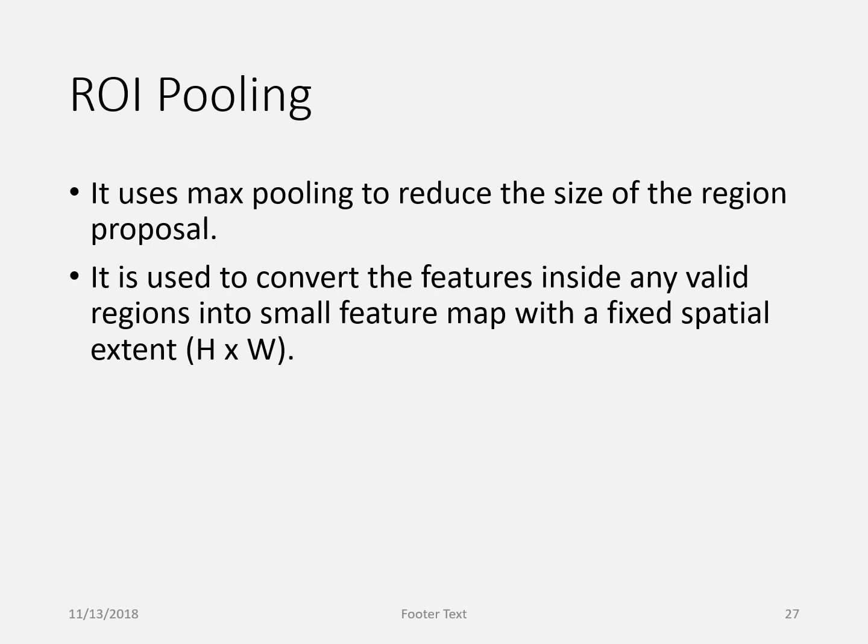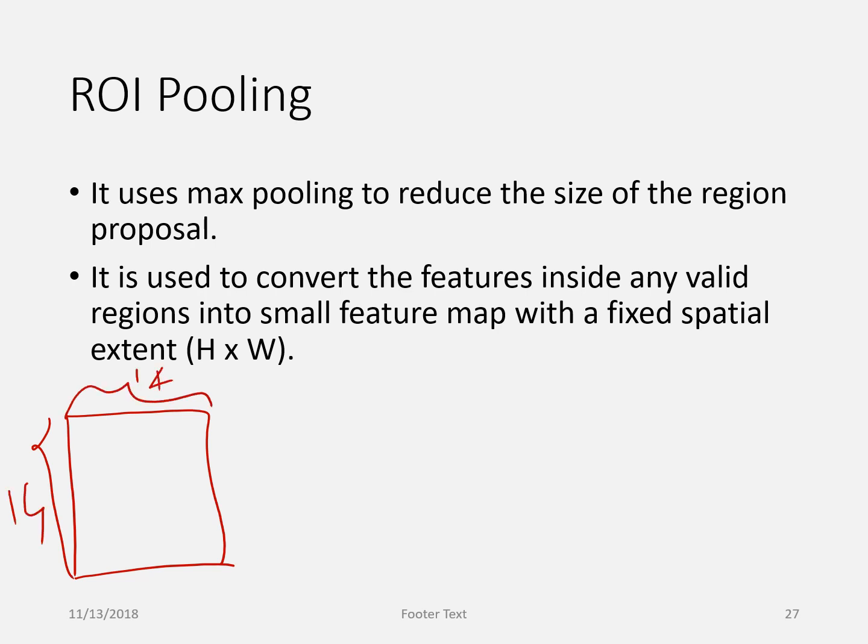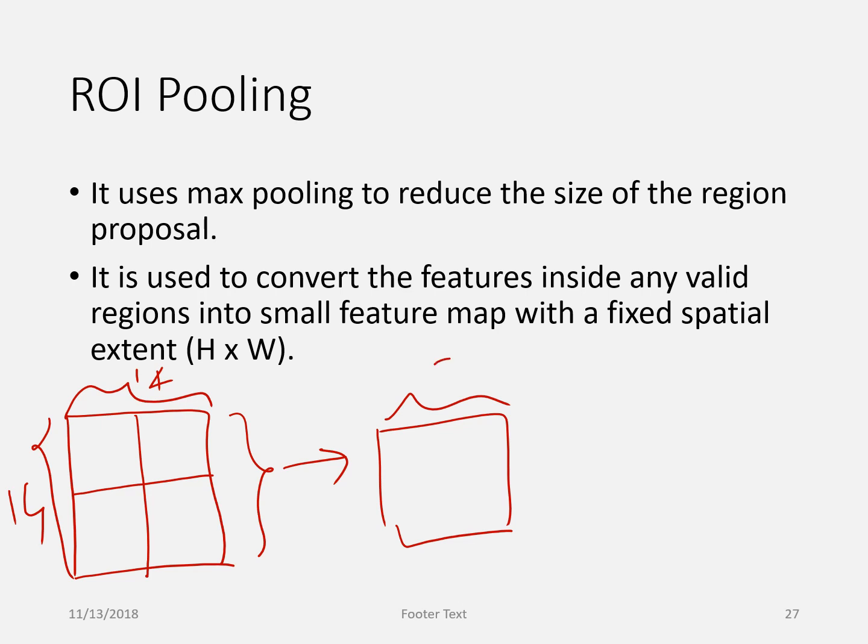In the paper they have explained how a region proposal with a size more than 7 by 7 is reduced. So let's say we have an example region of size 14 by 14. They propose dividing this 14 by 14 into small grids of 2 by 2 and then taking the max pooling of each of those grids, which will give the final feature map of 7 by 7.